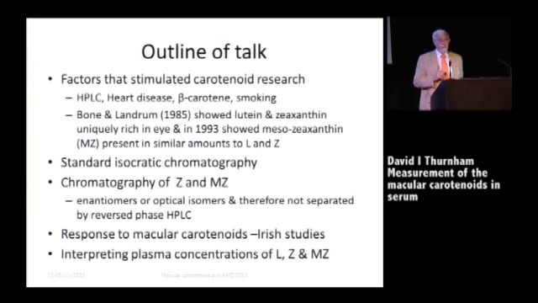And I'll talk about that in the Irish studies because certainly the MOST-2, which John has described to you, the results were only available last week for the first time. And although we hadn't had the impression that there were any non-responders, I've looked more closely at that just to see whether in fact that impression was correct. And finally, I want to say something about the interpretation of plasma concentrations of the carotenoids.